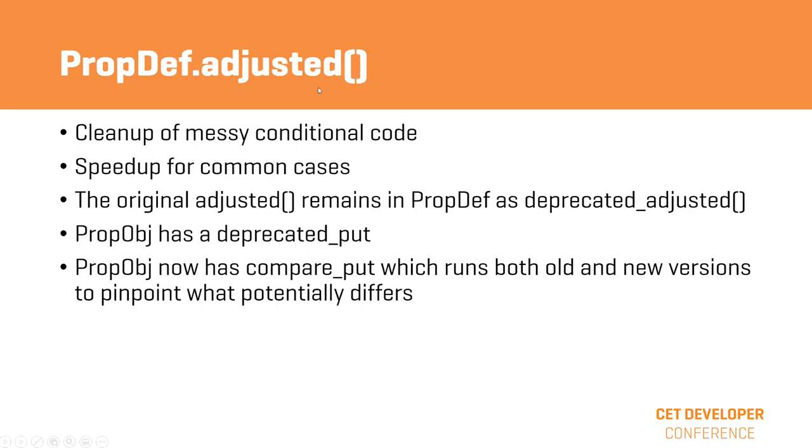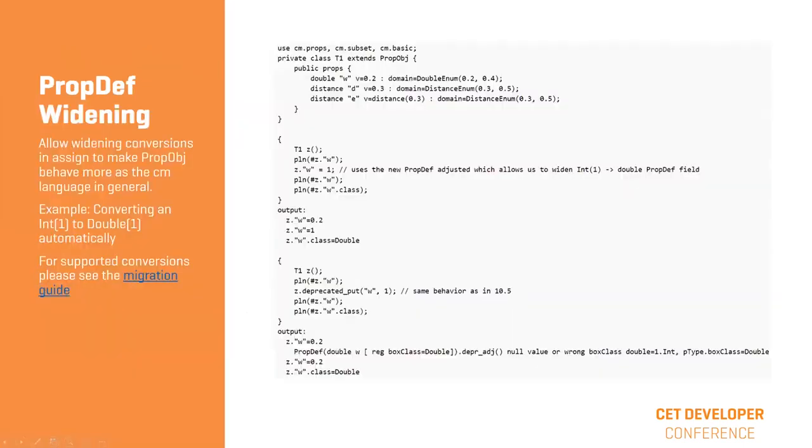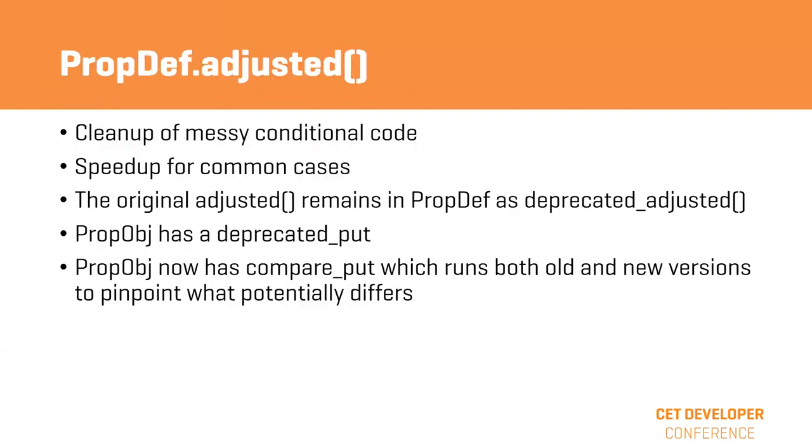Yes, thank you, Anton. So we have some further runtime changes. The first one is, if we go back one step, prop depth adjusted has been changed quite a lot. We have removed very messy conditional code, which in turn speeds up most common cases.